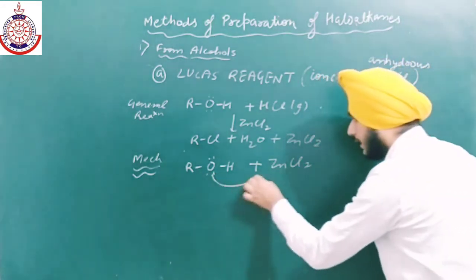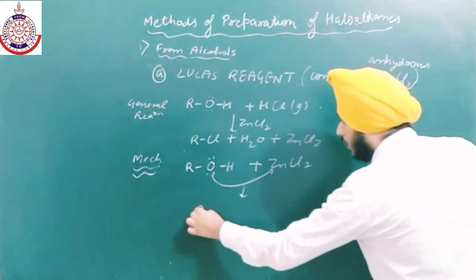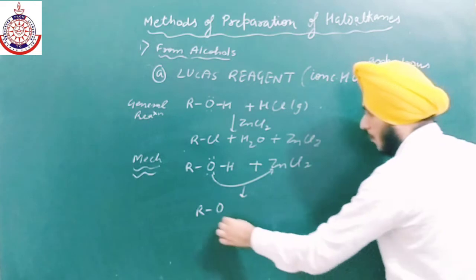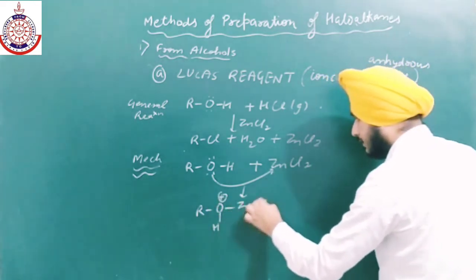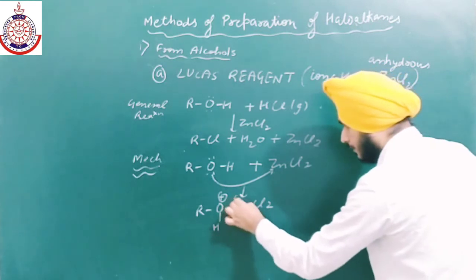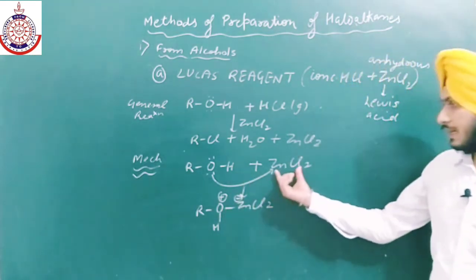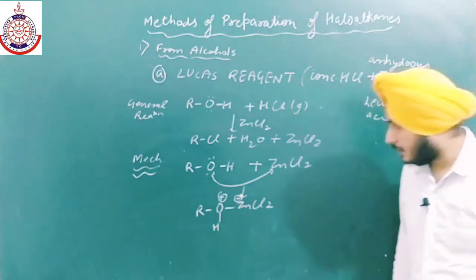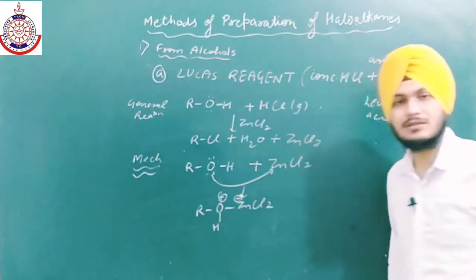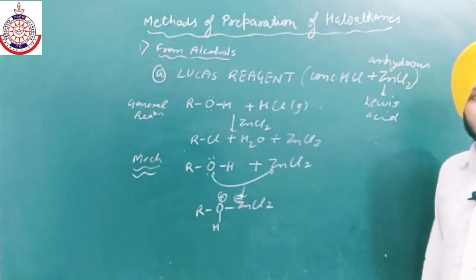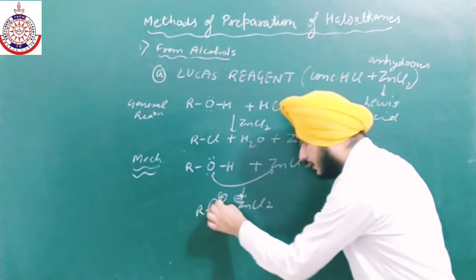So this nucleophile attacks over here, and we will get ROH positive over here, and ZnCl2 negative over here. So this is the first step. This will act as a Lewis acid, and the next step is, again the positive charge on a highly electronegative atom is unstable, so that is why this bond will cleave.